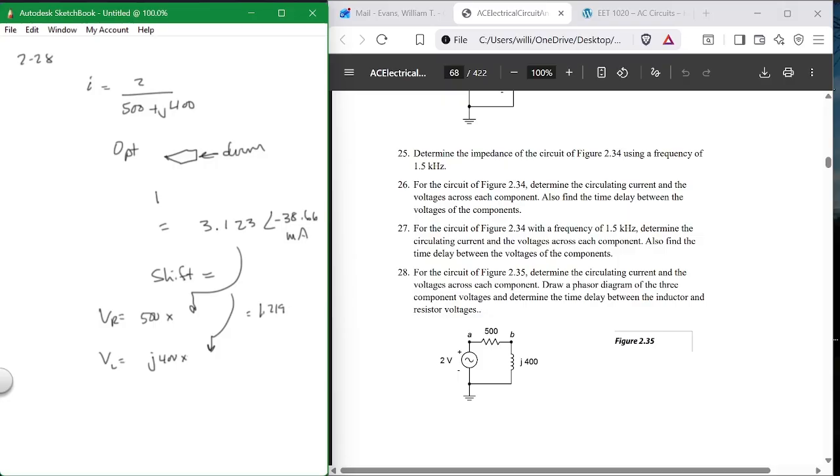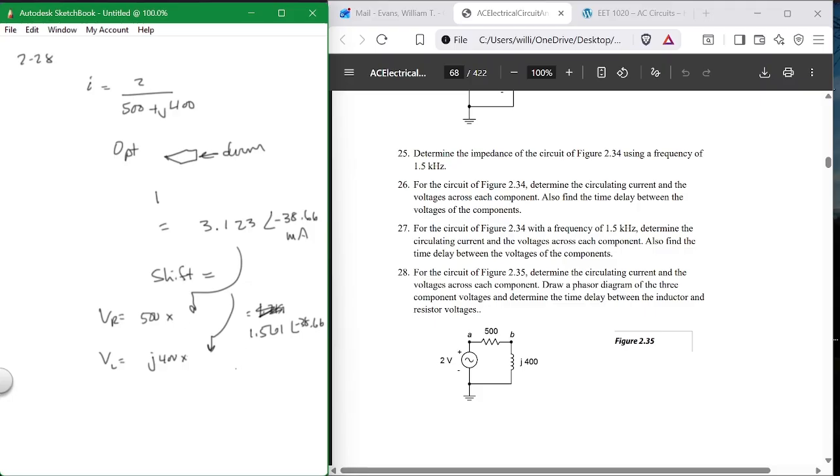Oops, no, sorry. Option down 1 equals, shift equals, 1.561 at angle minus 38.66.